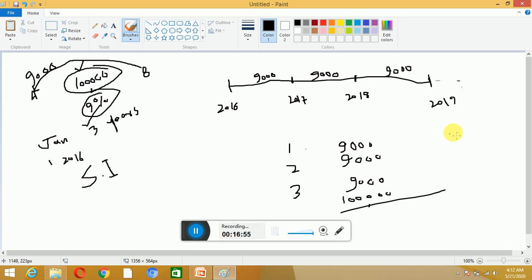So what is the total interest? 9 plus 9 plus 9, so it becomes $27,000 interest. This is the interest which is charged only on the principal amount. We call it simple interest.